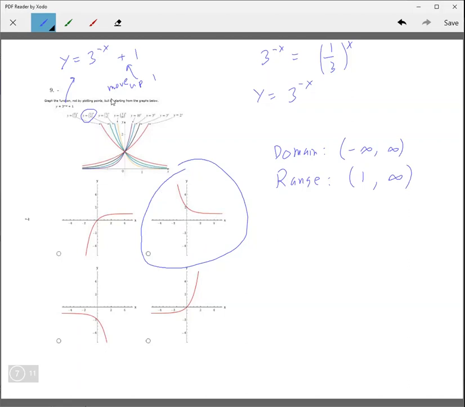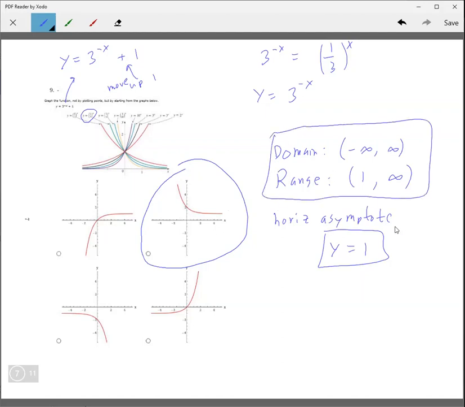And for this graph here, y equals 0 was a horizontal asymptote, but since it shifted up by 1, the new horizontal asymptote is y equals 1. Okay, y equals 1 is the new horizontal asymptote because this has shifted everything up by 1.